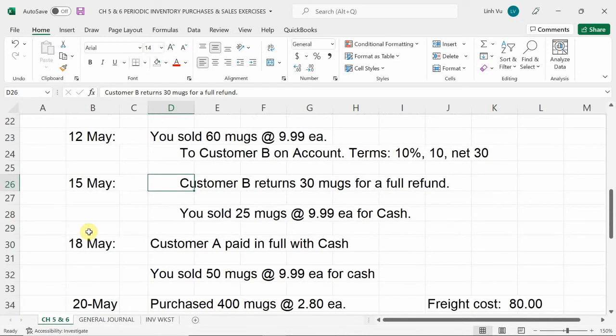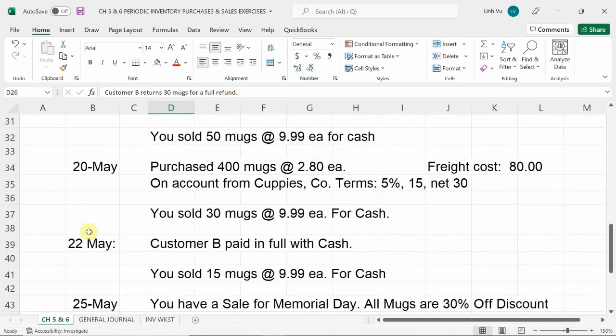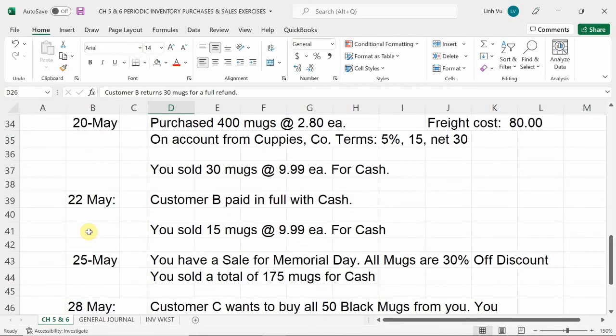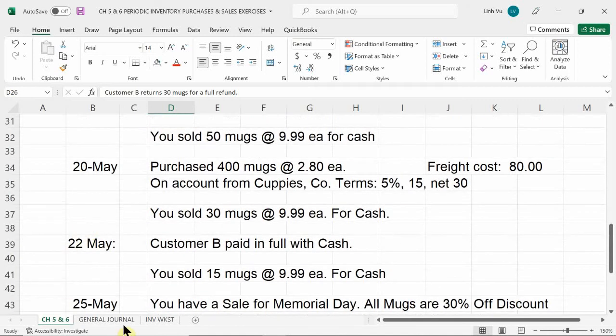All right. And then that very same day, after we received a payment, we also ended up selling 15 mugs for $9.99 cash. So in this case, you sold 15 mugs for cash.